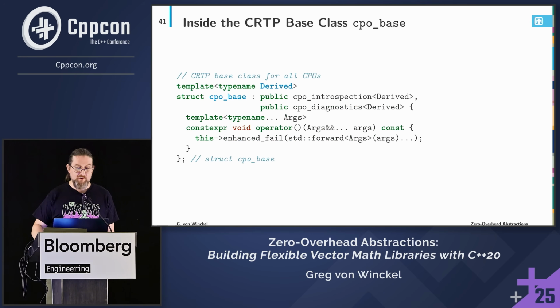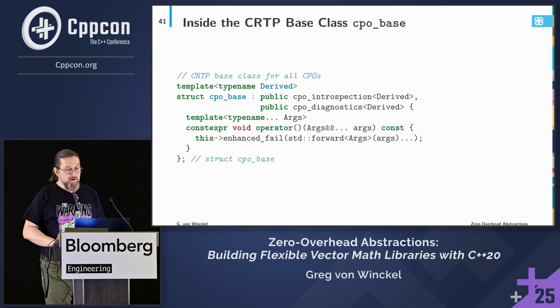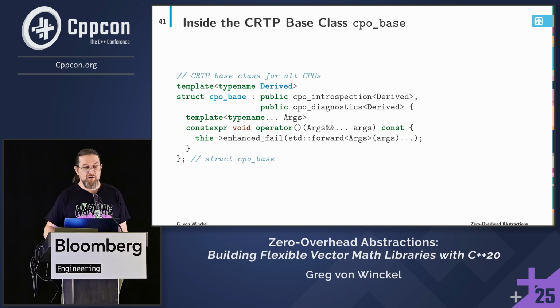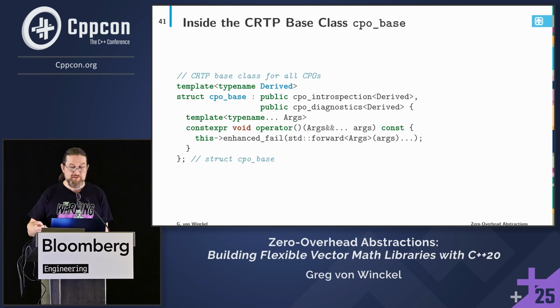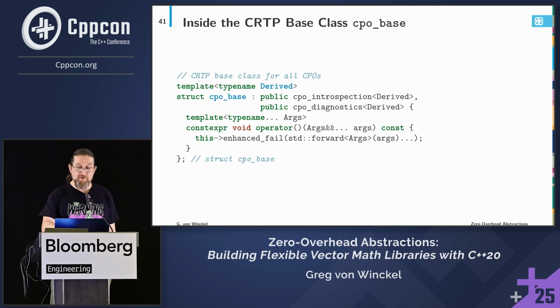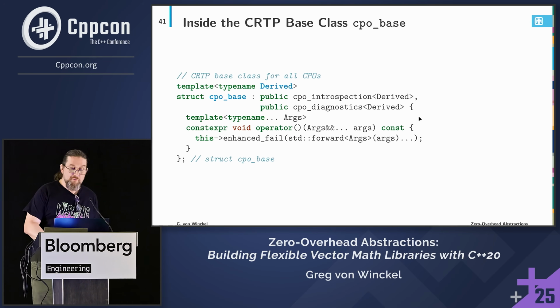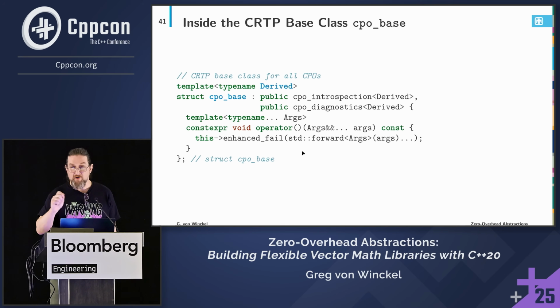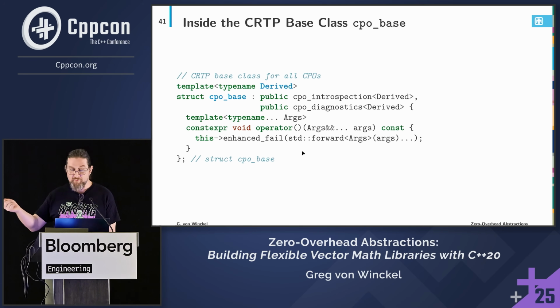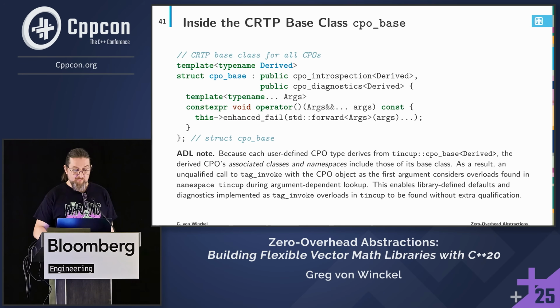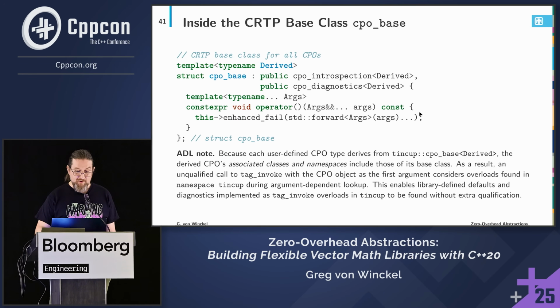All right, so what is in the base class? It inherits from two things: one called CPO introspection, another called CPO diagnostics. It implements this one variadic call operator that says, we were not able to find a tag invoke that we needed, let's see what actually went wrong.